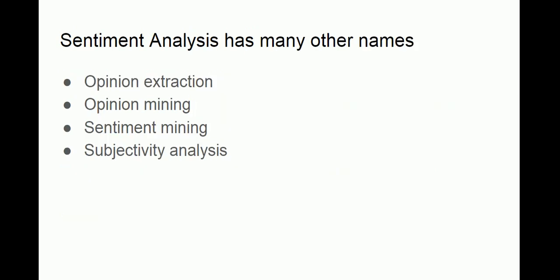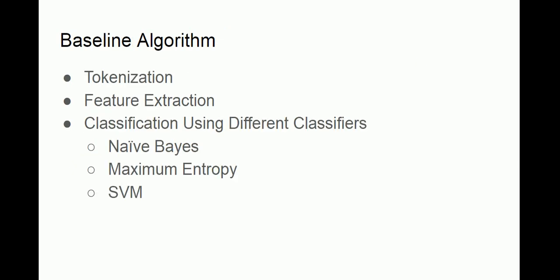Sentiment analysis goes by many names, which are opinion extraction, opinion mining, sentiment mining, subjectivity analysis. Here we present a baseline algorithm for sentiment analysis. The first step is tokenization. In tokenization, we basically do text cleaning.